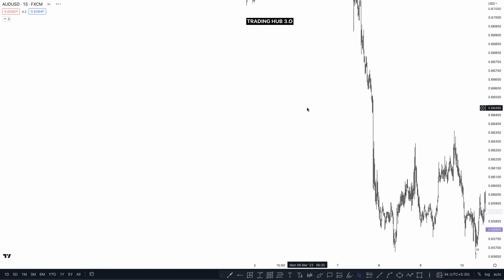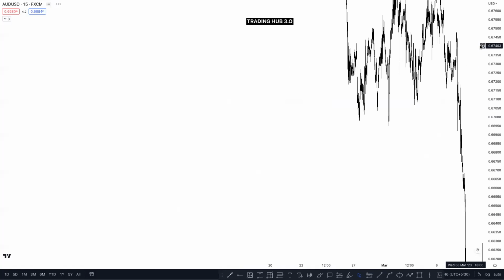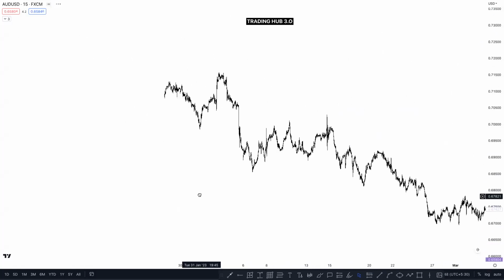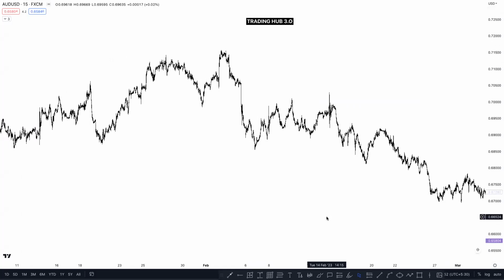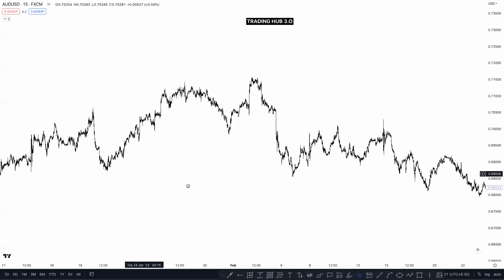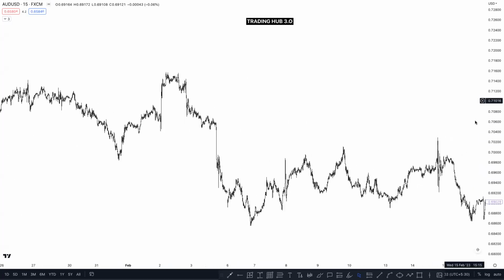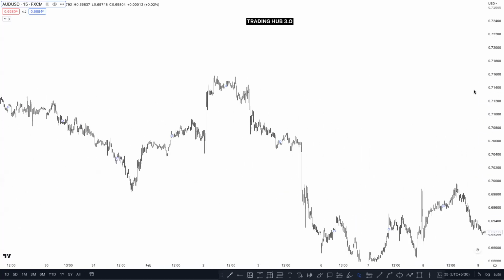First of all, you have to mark the valid structure. Let's start from the top of the structure to the bottom, and then I will show you exactly how you can identify the possible trend. So our last structure was here, correct?